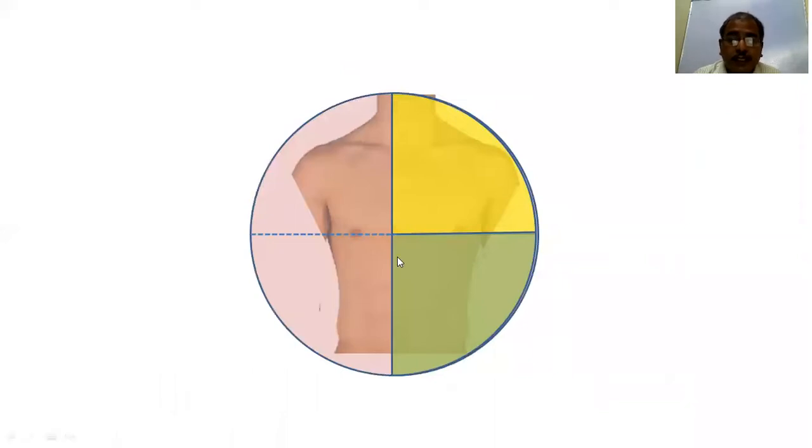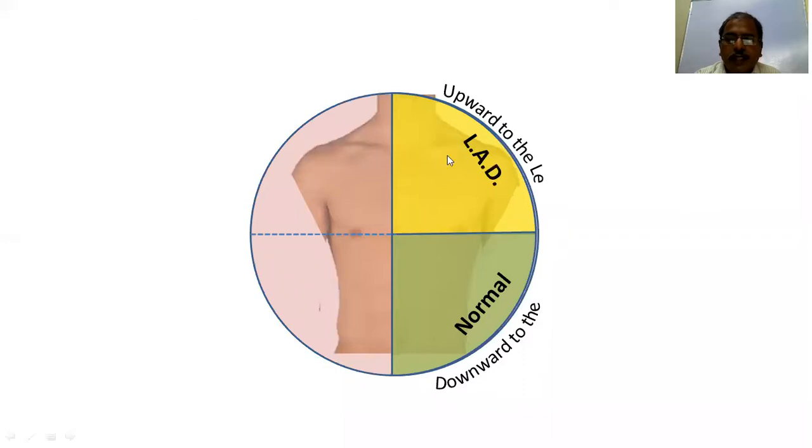Now, this is the normal range, normal quadrant; the normal axis lies within this quadrant. Now, this is downwards to the left of the patient, and this is the left axis deviation, upward to the left of the patient. Then this is the downward quadrant on the right side of the patient, downward to the right, and this is upward to the right.